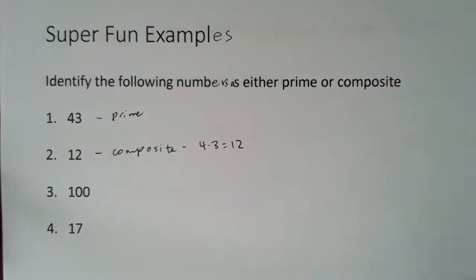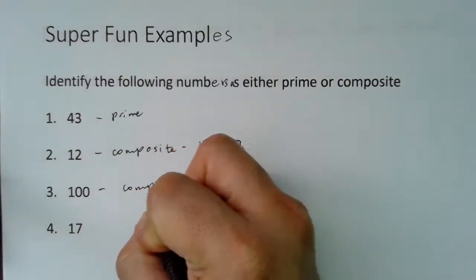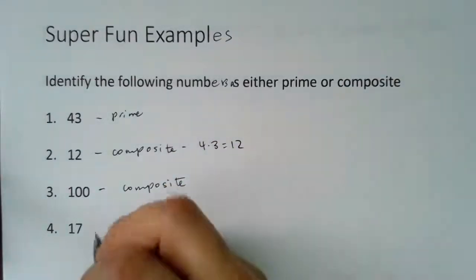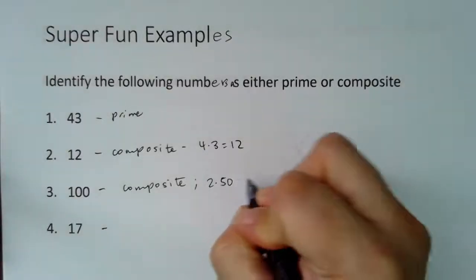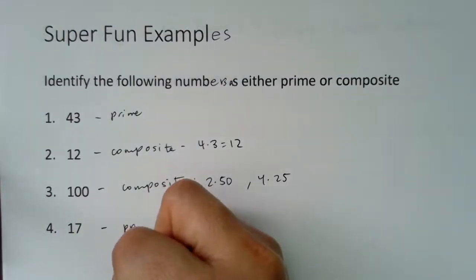In other words, 3 divides it, 4 divides it. 100 is composite also. There's quite a few: 2 times 50, 4 times 25, right? Okay, and 17 is also prime.